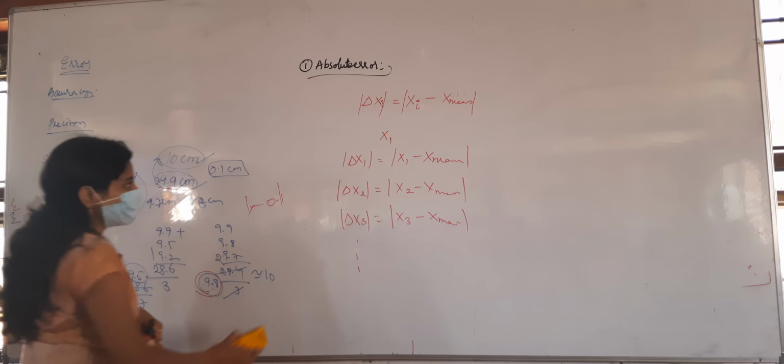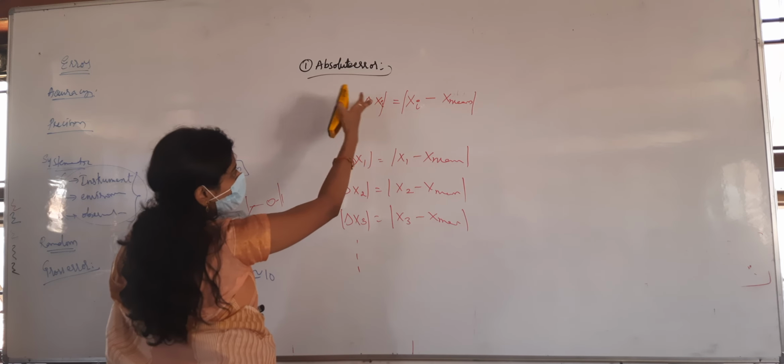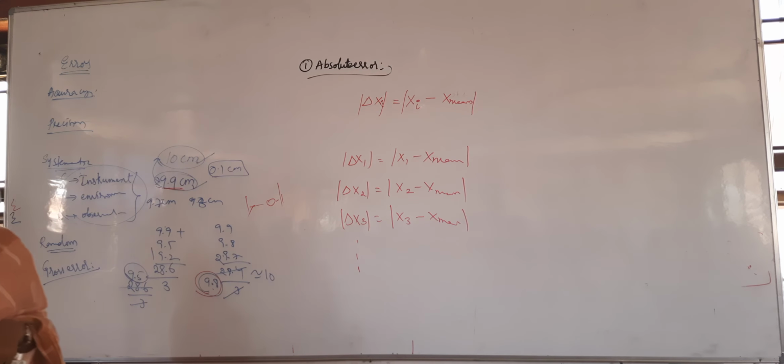For the ith observation, write modulus of delta xi.